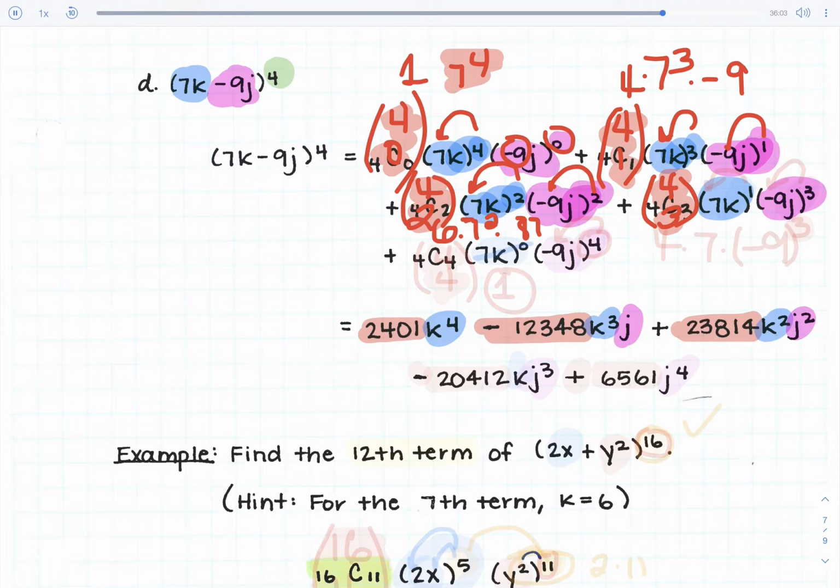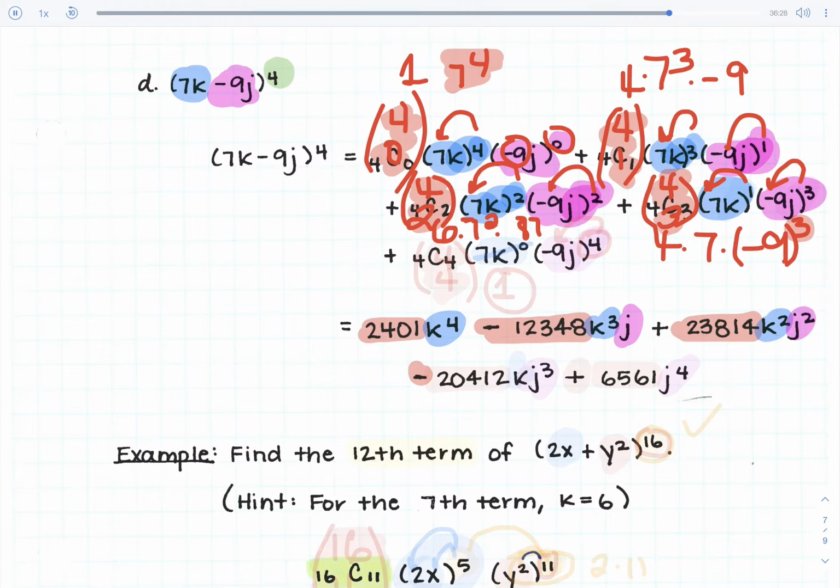Times, we also have a 7 to the first power, which is just 7. But I also have a negative 9 cubed. Be careful. A negative 9, now raised to the third power, is actually going to stay a negative number. So I've got negative 9 times negative 9 times negative 9 times a 7 and times a 4.